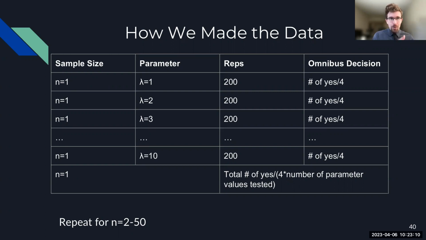And then sample size 1, lambda 2, 200 repetitions passed to the 4 tests. And so on and so forth, all the way up to n is 1, lambda 10, 200 repetitions, 4 yes/nos. So for sample size 1, we would have a total number of yeses divided by the total number of iterations, 4 times the number of parameter values. So it'd be 40 in this case. So you'd have 40 yeses and nos.